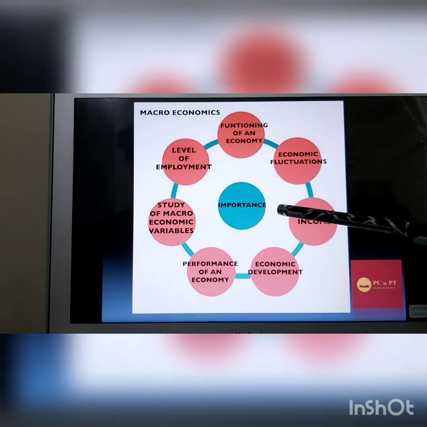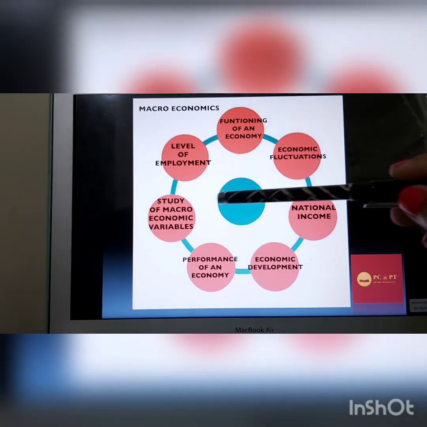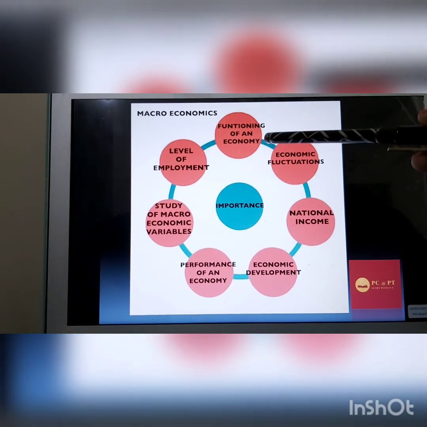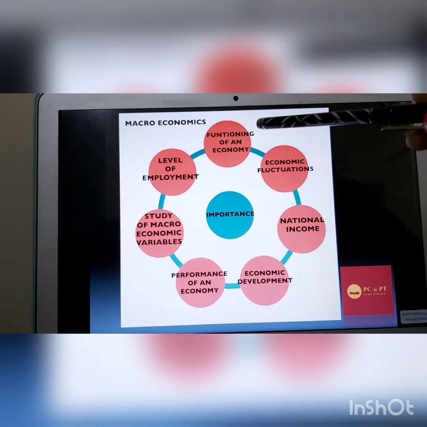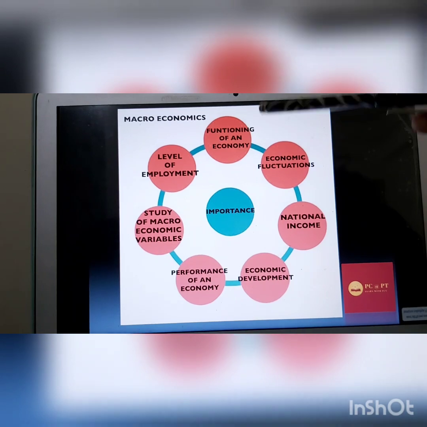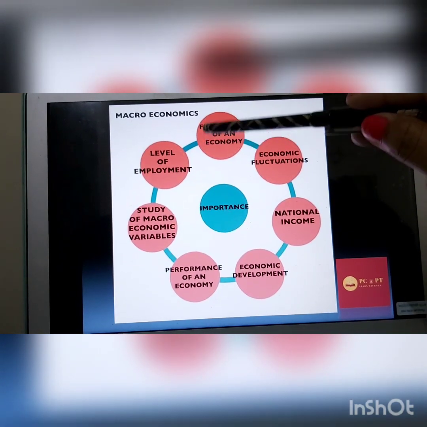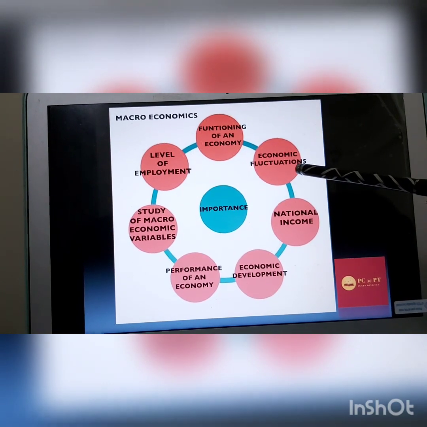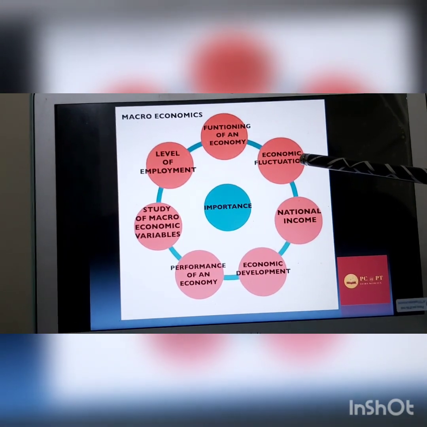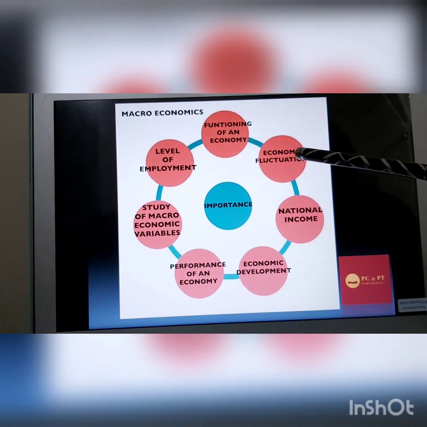Importance of macroeconomics. So again we are going to go clockwise. Functioning of an economy. So the entire economic model of a particular country, or you can say the working of a country, depends on macroeconomic structure. Next, economic fluctuations. You very well know what we mean by economic fluctuations.